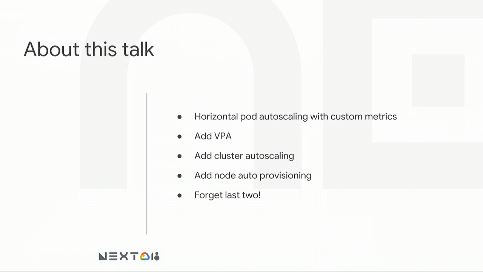So here's the contract. In the next 45 to 50 minutes, we are going to tell you how to become a hero by setting up a pool of autoscaling workers based on a PubSub queue.